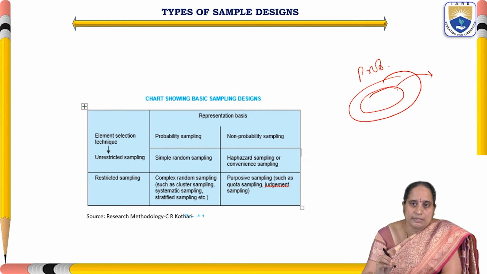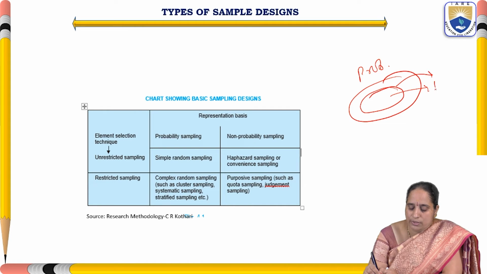Probability sampling designs include some probability. What will be the chance? It is based on chance. This is also known as the random sampling technique, where in simple random sampling each and every unit will have an equal chance of being selected from the population.